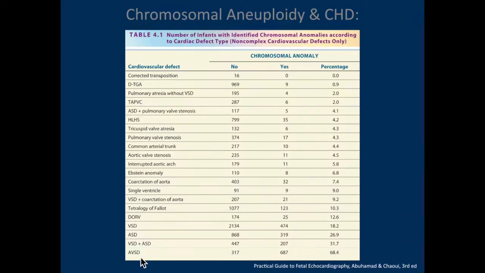And these include at the highest parameters AVSD, but then ASD, VSD, double outlet right ventricle, tetralogy of Fallot, etc. At the upper portion of the graph, we have those that are rarely associated with chromosomal aneuploidy, which I think most people are familiar with, including the two forms of transposition and pulmonary atresia without VSD.